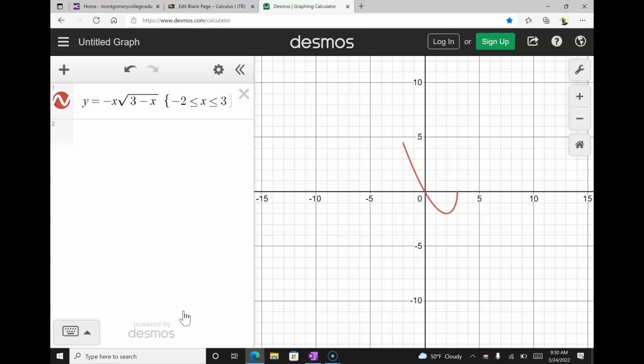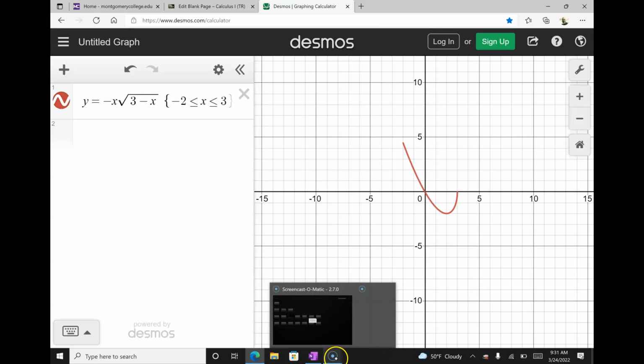Yes, the highest point of the curve is at the endpoint. And the lowest point of the curve is going to come at the critical value. Do you see the horizontal tangent at that low point? So you know you're going to get a derivative equal to 0 there. Nice.